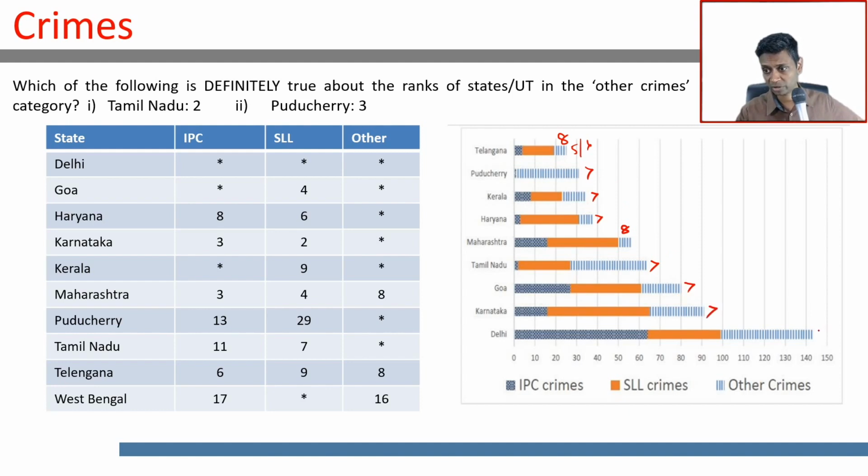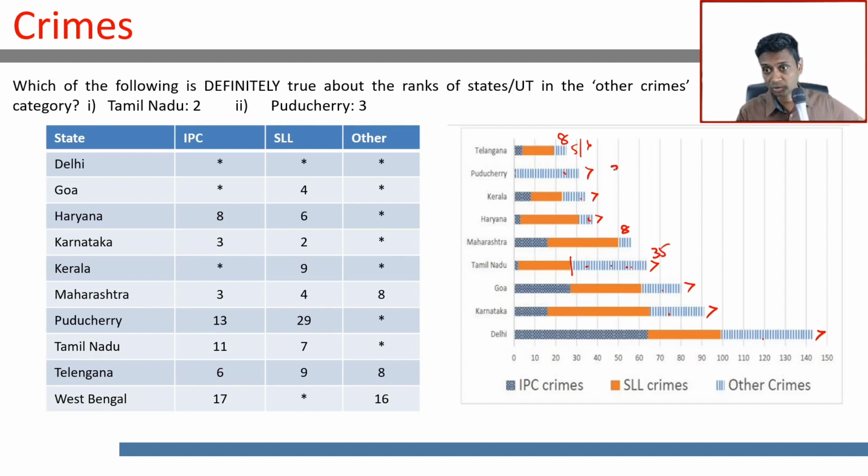Goa is more than 5 or 6. Karnataka is more than 5 or 6. Delhi is more than 5 or 6. So 1, 2, 3, 4, 5, 6, 7. So we've got the entire ranking down clearly. And so we're not missing any states. There are no other states outside of these till rank 8. And so now let's look at Puducherry and Tamil Nadu. Tamil Nadu should have 10, 20, 30, 32, maybe 35.